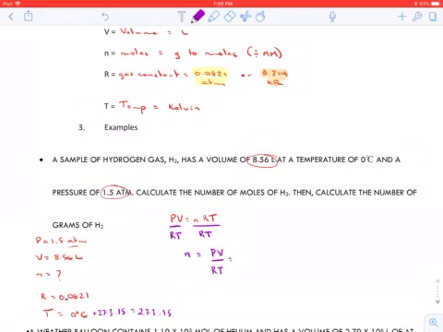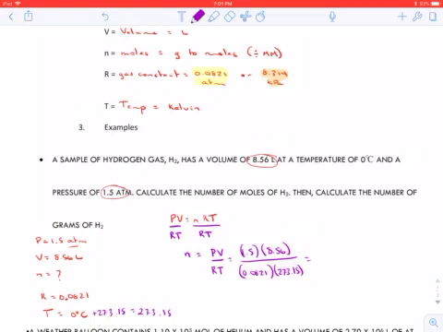Now we're ready to plug it in. We've got 1.5 atm times 8.56, divided by 0.0821 times our temperature, 273.15. This will give us our number of moles of hydrogen gas.